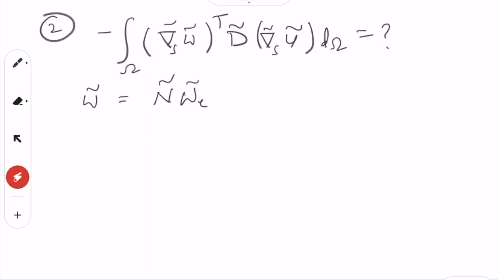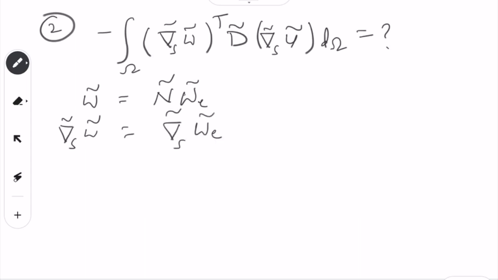And then on top of that we are going to apply del S tilde. So, W will be equal to del S tilde N times W e. W e is a vector of all nodal weights basically.